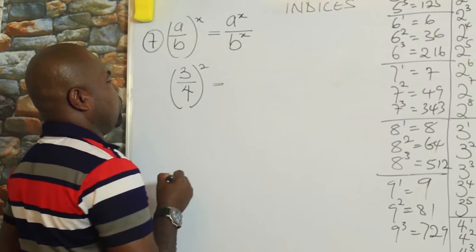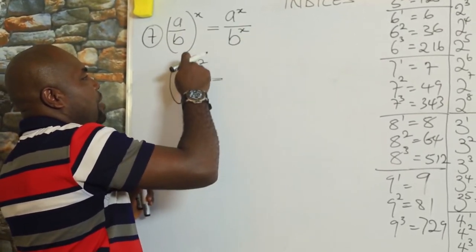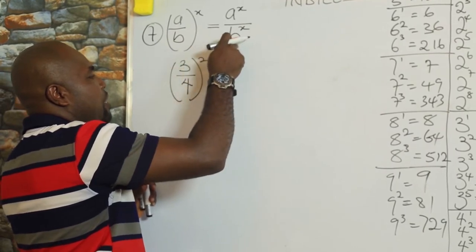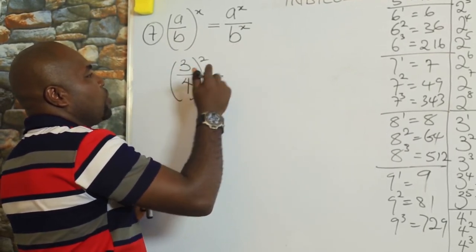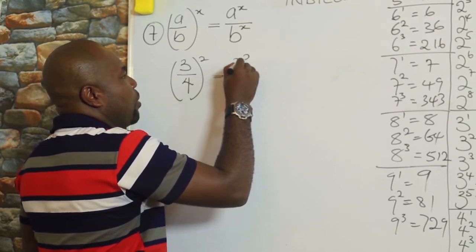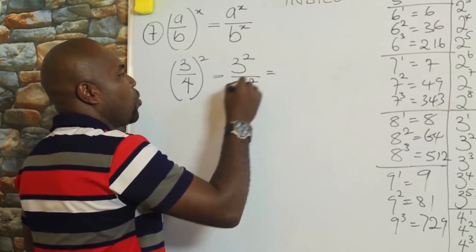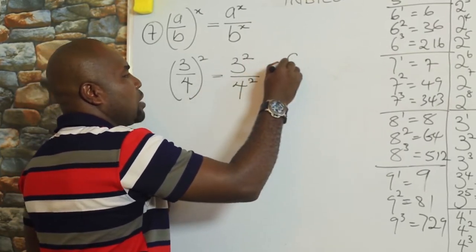This is equal to, the A here is 3, X here is 2, B here is 4. So this will be equal to 3 raised to power 2 all over 4 raised to power 2, which is equal to 3 raised to power 2 is 9.